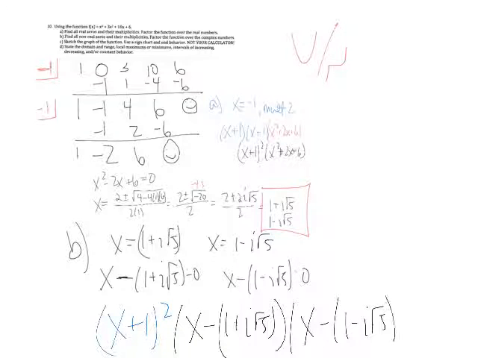So nothing crazy, you're just using your calculator to get to a 0, then some synthetic division, then some quadratic formula. I'll talk about C and D in the next video.